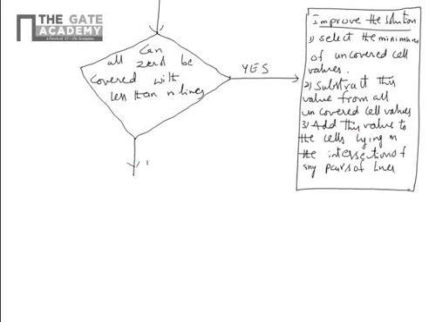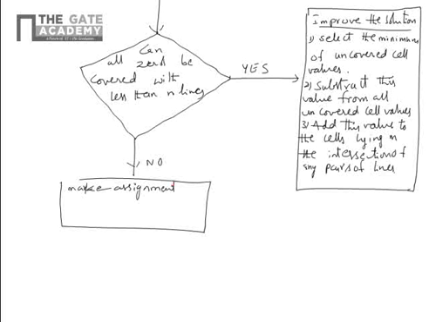If here it is no, then make assignments on a one-to-one match basis considering zeros in rows and columns. Then stop.